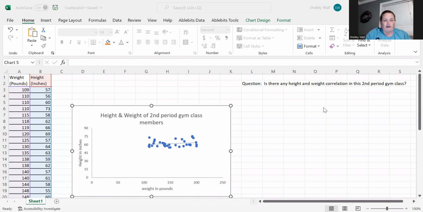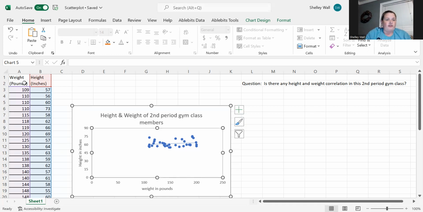This question can be important to answer and compare amongst other gym classes to look for trends in childhood obesity, or patterns in classes that have extreme height and or weight issues, outliers, could be used for further health-based research. So, question, is there any height and weight correlation in the second period gym class?